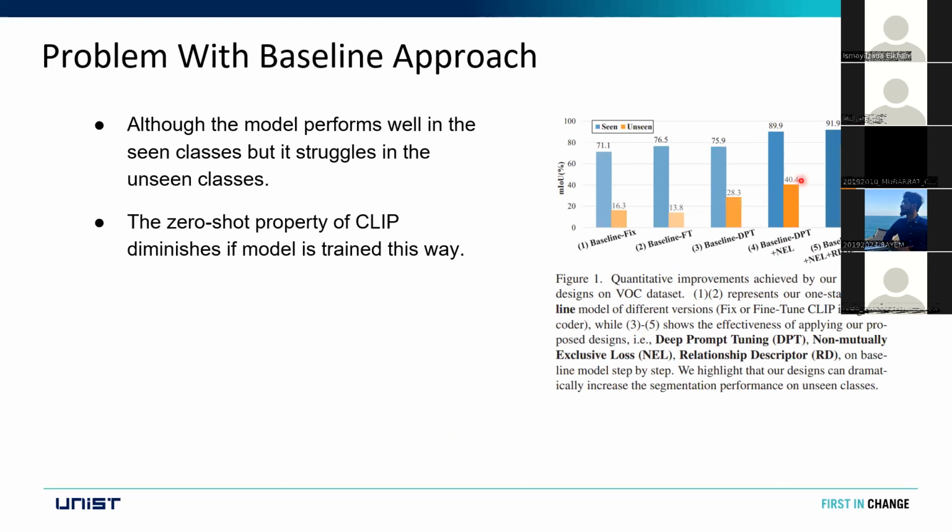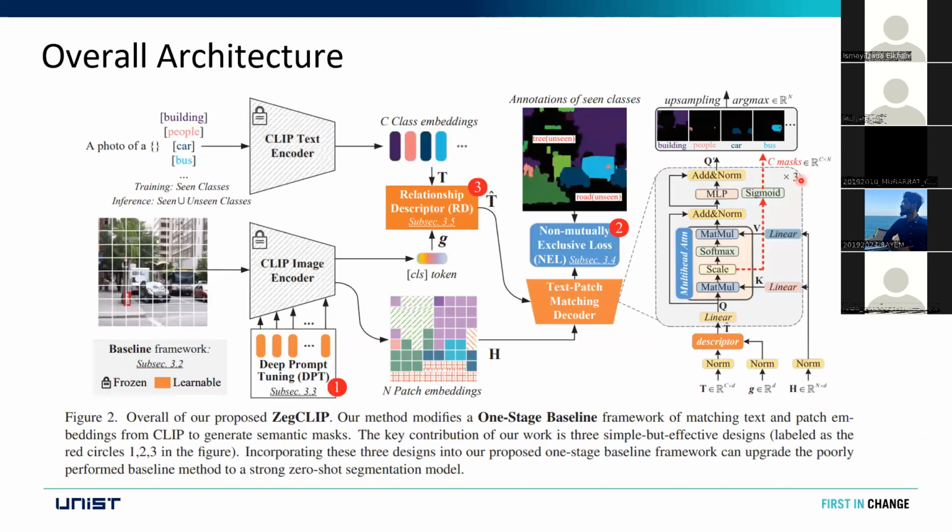So to summarize, here we have the patches of an image. We input the patches to the image encoder, which has some deep prompt tuning, which basically means it has some layers in between the frozen CLIP layers, which help the model be more fine-tuned to one particular dataset or particular classes in the dataset. And this is the CLIP text encoder, which gets the text and produces the text encoding.